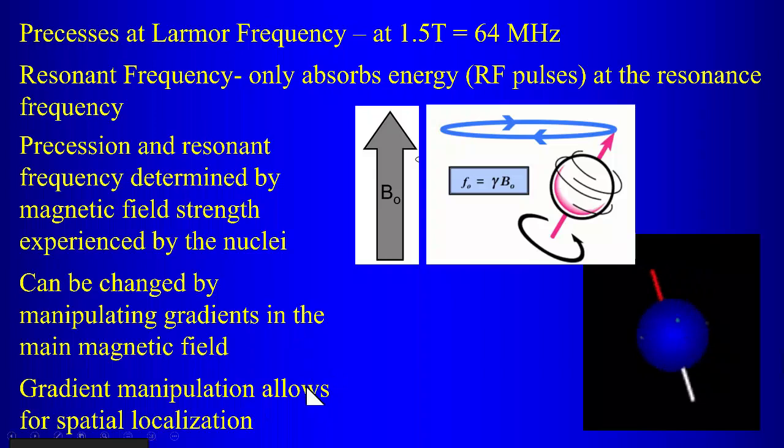So it's that gradient manipulation that allows us to get spatial localization and to generate images. And it all goes down to the same basic thing, that the precession frequency or the resonant frequency of the proton is determined by the field strength that it itself experiences.